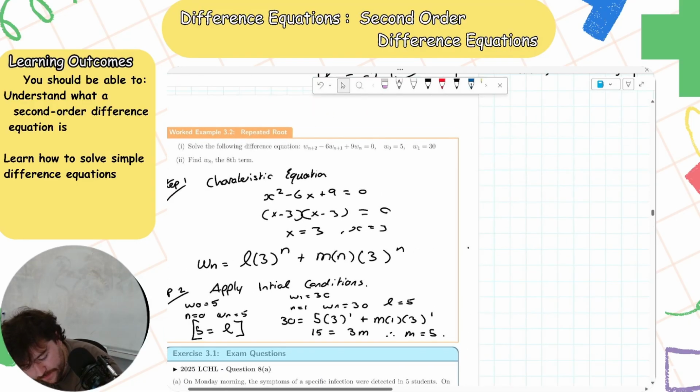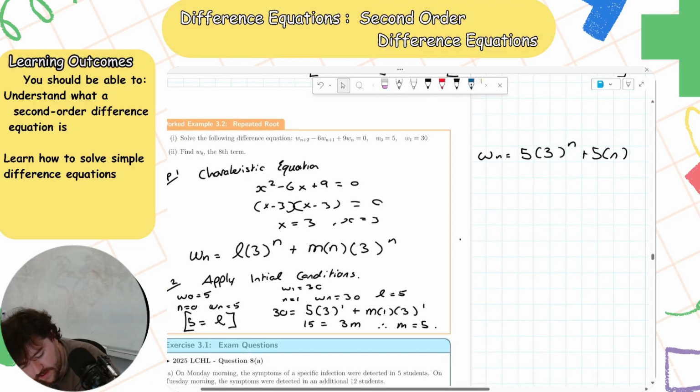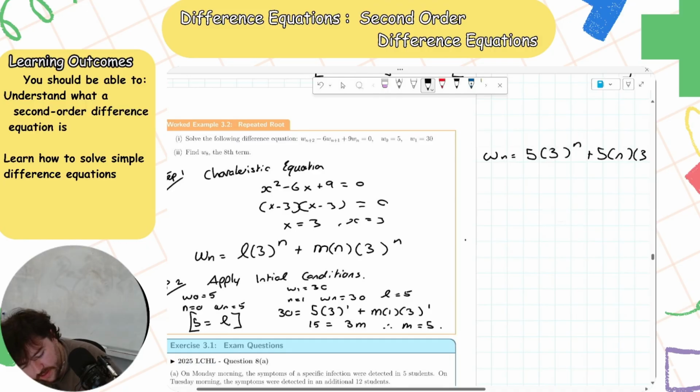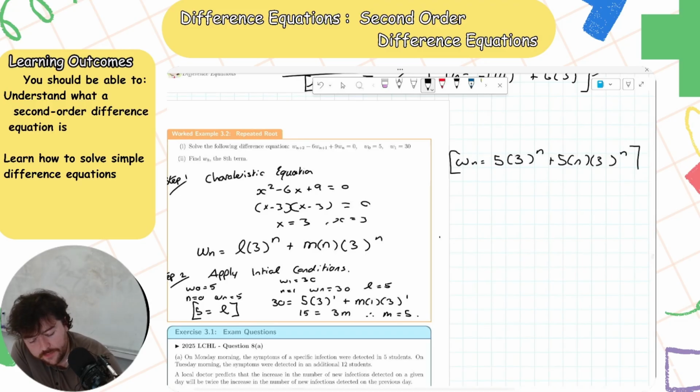Therefore, Wn is equal to 5 times 3 to the n plus 5 times n times 3 to the n. And that is my general solution there.